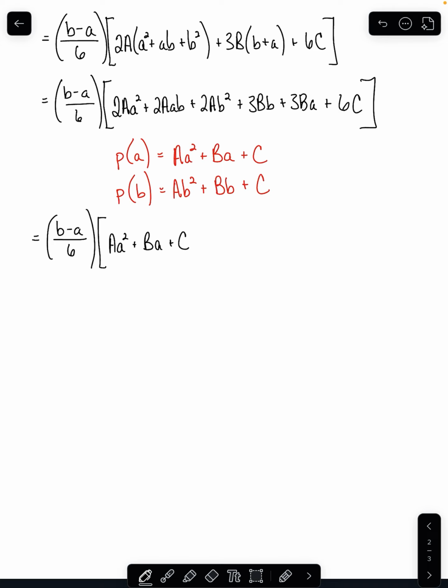At the other end of this, for P of little b, we're going to need 1 of our big A times little b squared plus 1 of our big B times little b plus 1 of our c's. What that leaves us with in between is the other big A times little a squared, because we had 2 of them.